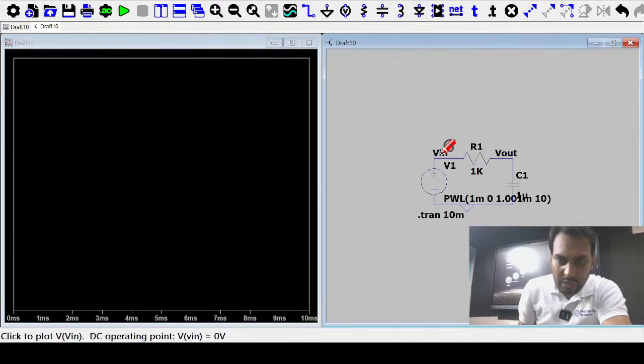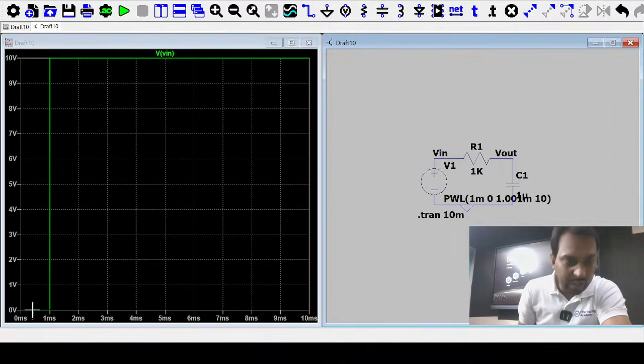So just focus on what you are selecting. If you want the input voltage waveform, just click on this. It shows that until 1 millisecond it is 0 volt, and after 1 millisecond it has a sudden change to 10 volt and is maintained at 10 volt.